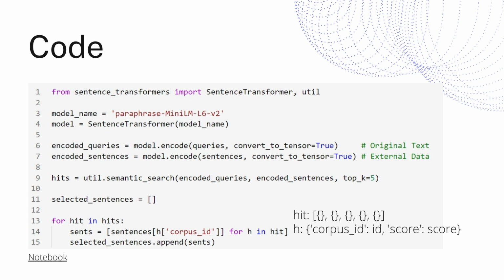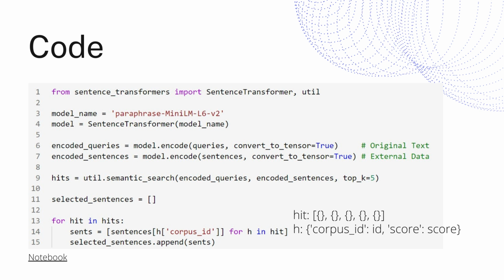Now we need to do semantic search. For this we already have a built-in function in the sentence transformers library. We do util.semantic_search. We pass in the encoded queries and the encoded sentences, and we specify top_k equals 5, since we want the top 5 text snippets with the highest similarity score.